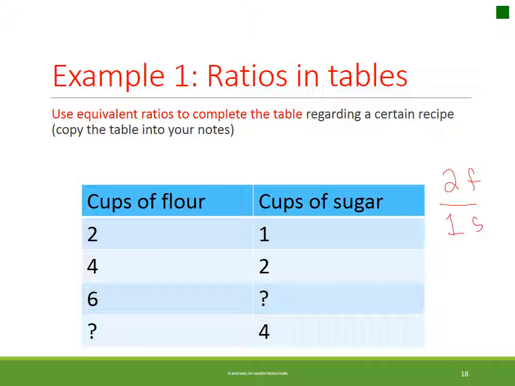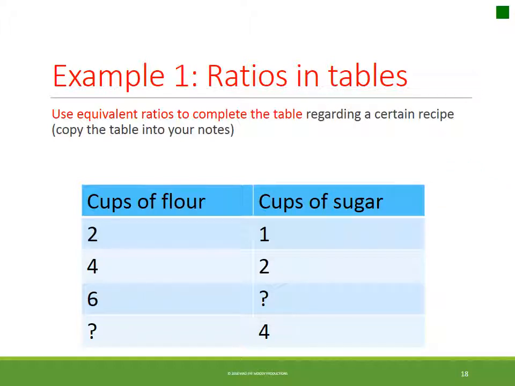Well, if I look at 4 cups of flour and 2 cups of sugar, that is equivalent, because when I divide my numerator by my denominator, 2 divided by 1 is 2, and 4 divided by 2 is 2. So those are equivalent ratios.